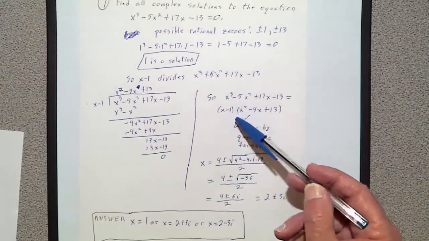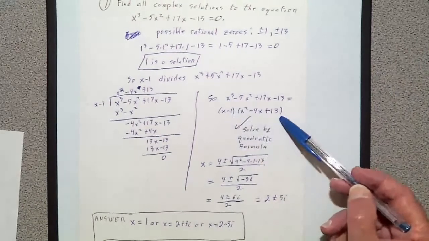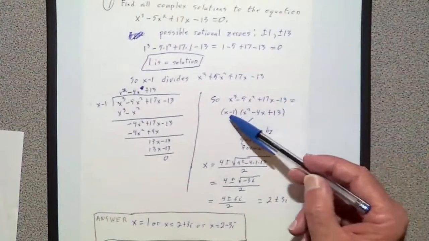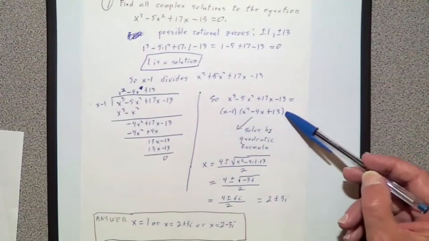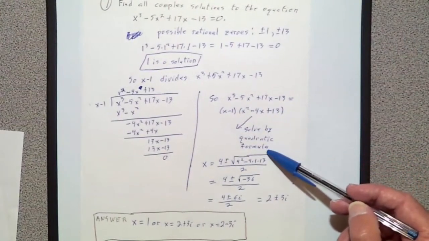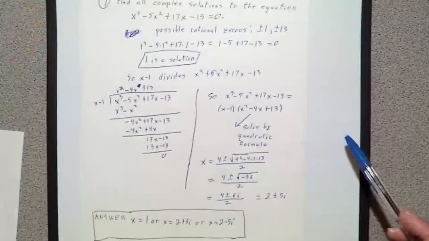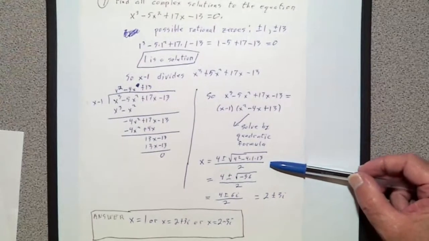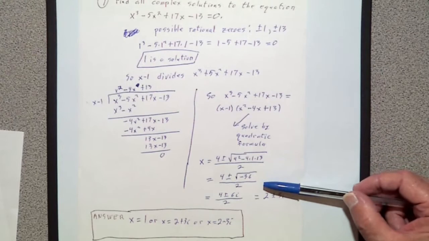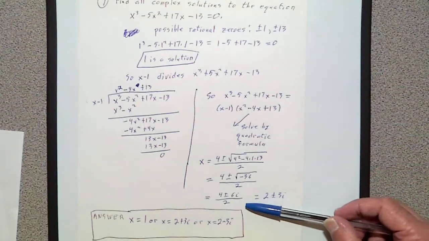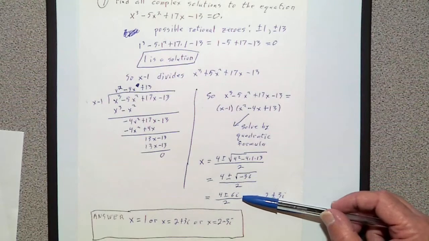So the original polynomial is x minus 1 times x squared minus 4x plus 13. The zeros of this are the zeros of this, which is 1, and the zeros of this. You solve this by the quadratic formula. x is negative b plus or minus square root of b squared minus 4ac over 2a, which is 4 plus or minus the square root of negative 36 over 2. 6i squared is negative 36.